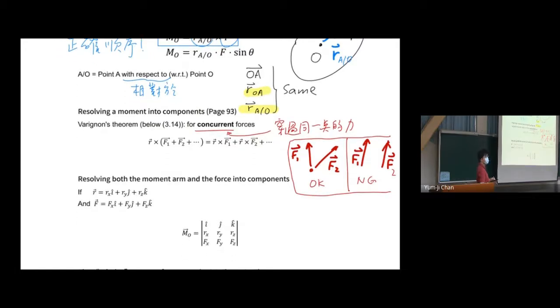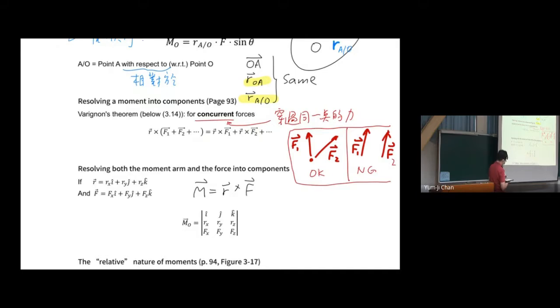Now, I'm talking about putting cross product and moment together. Because our M is equal to R cross F, and of course moments R can go in 3D space, and F can go in 3D space.